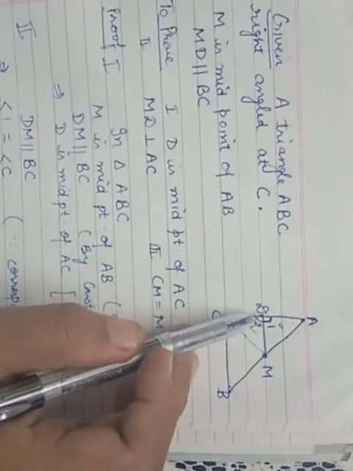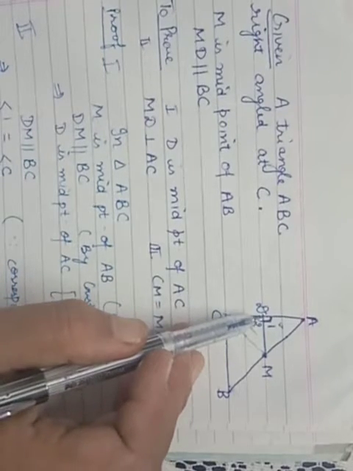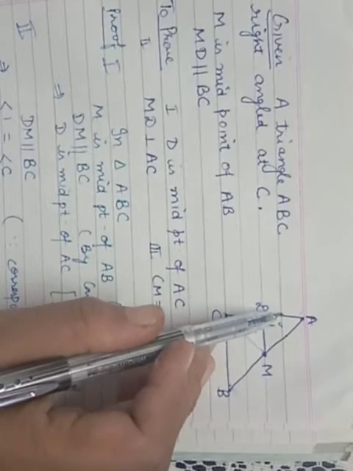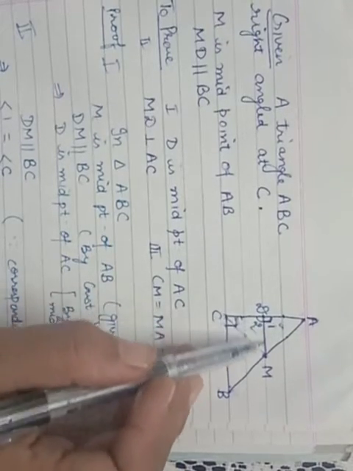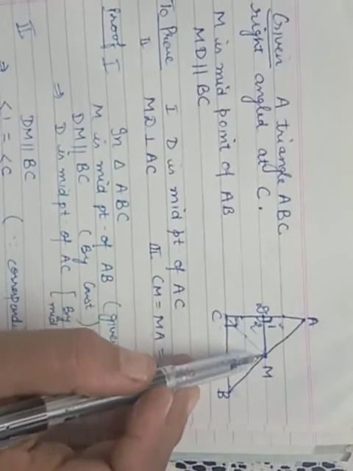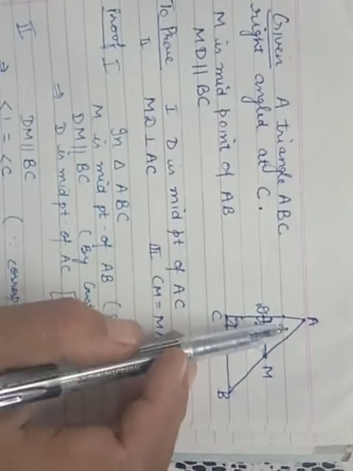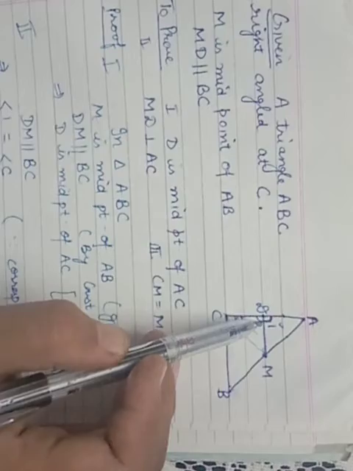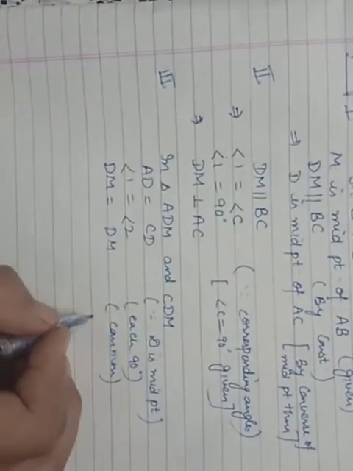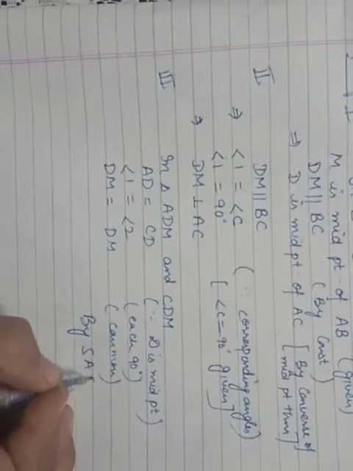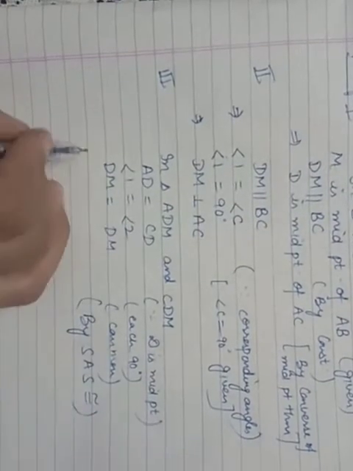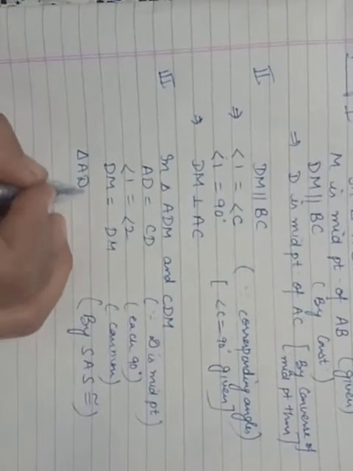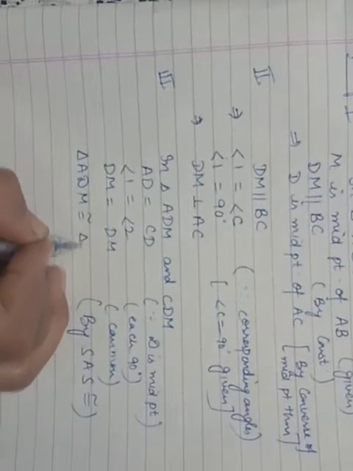And AD is equal to DC, as we have proved D is the midpoint. DM and DM are the common side, so this triangle and this triangle are congruent by the side angle side rule. So we will write now, by the side angle side congruency rule, triangle ADM is congruent to triangle CDM.